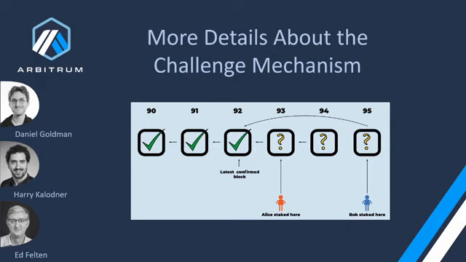People need to be ready to use it, but it should not occur, because there's next to no incentive to actually post something invalid, and if it does occur, the challenge period is a week. But it doesn't take anywhere near a week to actually resolve a challenge. You don't need to use the full week. If you're operating efficiently and you're not being censored, you could do your side much, much quicker.